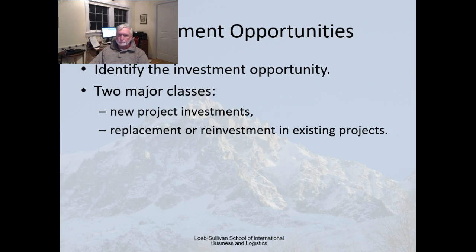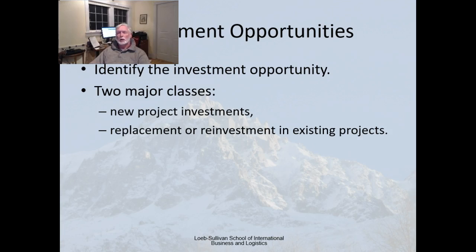So two basic kinds of investments, long-term investments: they're investments in new things, new projects, or replacement and reinvestment in existing projects. So if you think about something we might all be familiar with, let's say a retail store, a new project would be we have one store, let's add another store in another place.